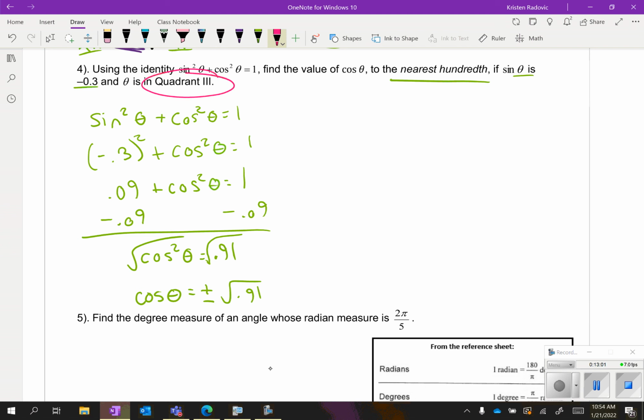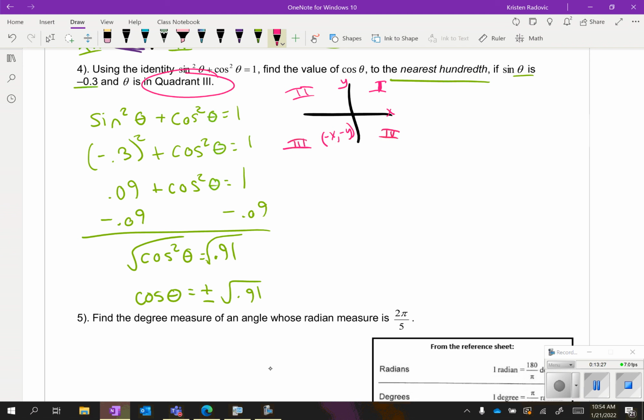We're in quadrant 3. So on your xy axis, quadrant 3 is the bottom left. And if you were to take a coordinate in quadrant 3 on your xy axis, you would have negative x values and you would have negative y values.